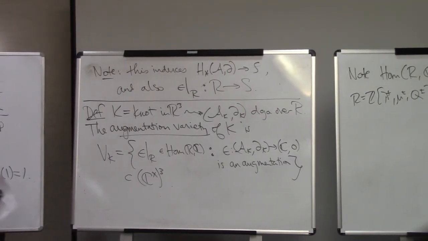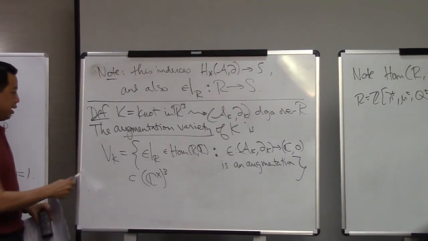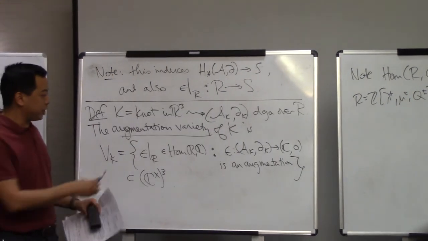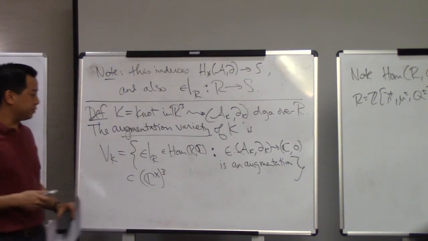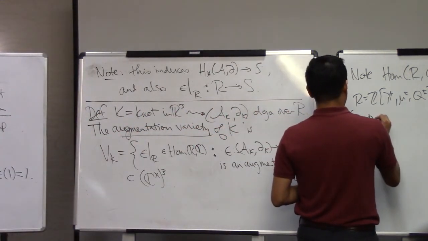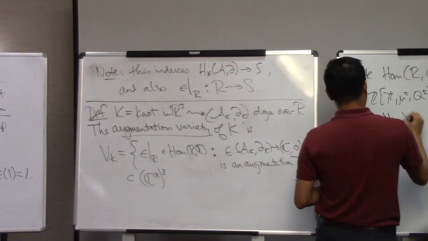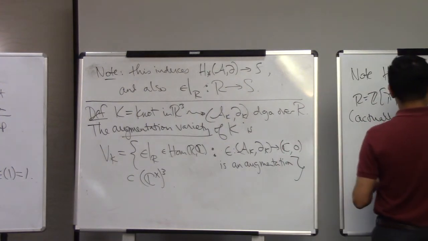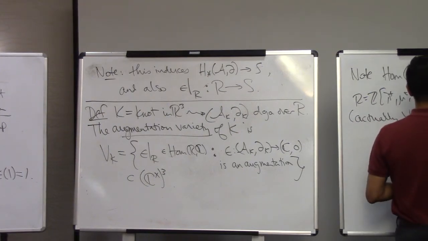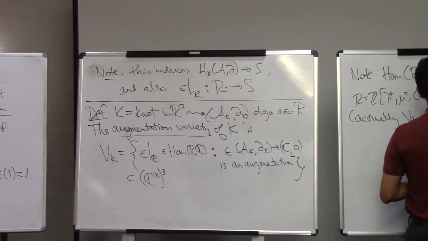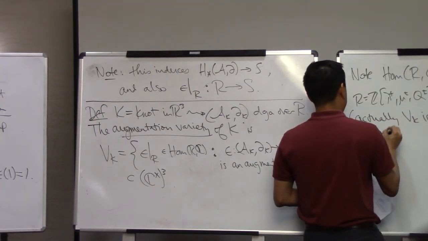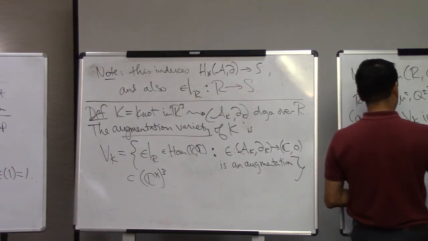And here is where I say that this is how I think of the augmentation variety, but this can have weird components of different dimensions. So what we actually do is V_K is the closure of the maximal dimensional components.